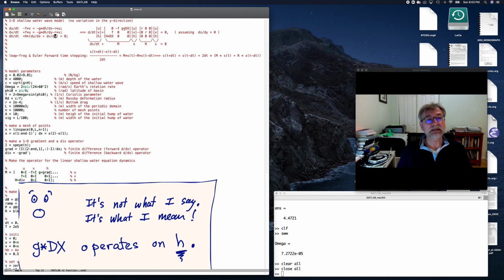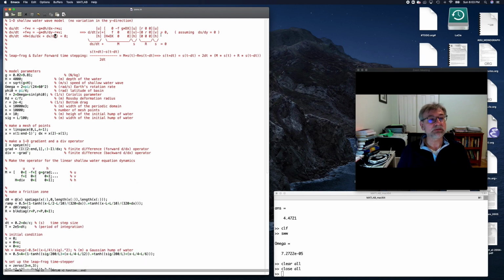The reason there's no minus here is because we're on the left-hand side of the equal sign, so I moved this term over to the left-hand side. Then the second row is for dv/dt, so we have f times u, and then 0 for everything else, and then minus r times v from the friction term. And then finally the continuity equation, since there's no y variation, it's just h d/dx of u. And there's no friction in the continuity equation.